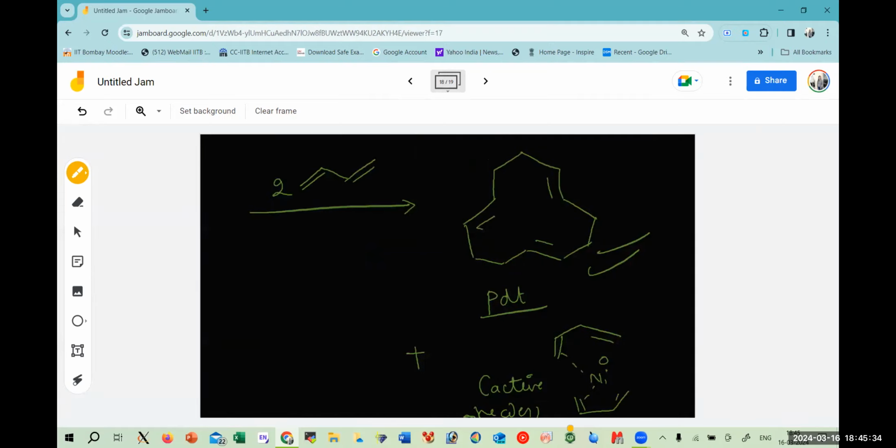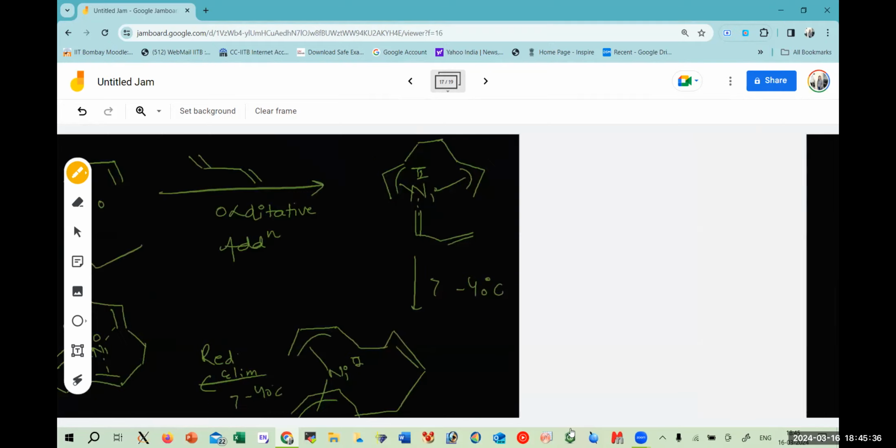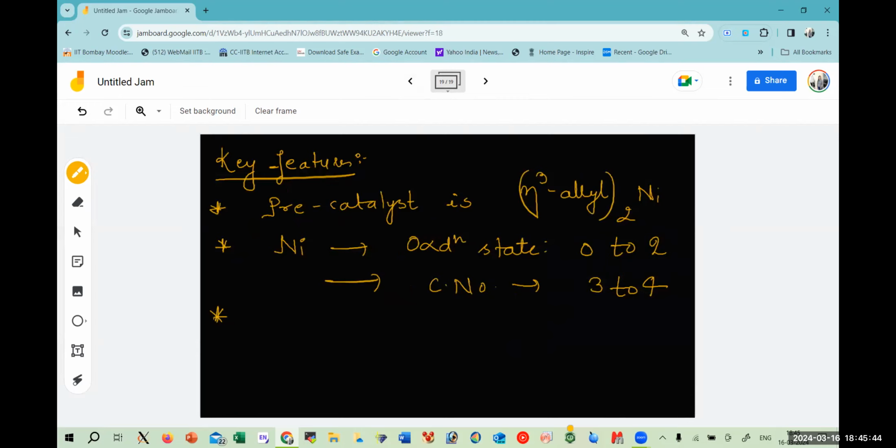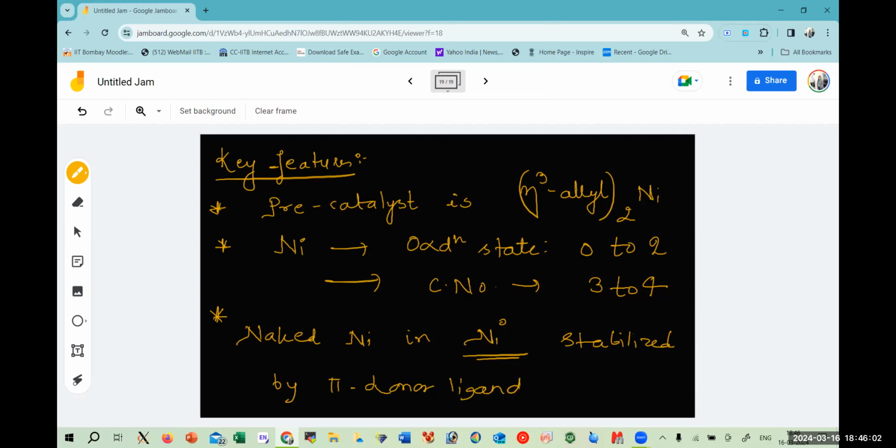Also, this kind of system is called a naked nickel. And this naked nickel in nickel 0 is stabilized by the pi donor ligands that we have seen over there.